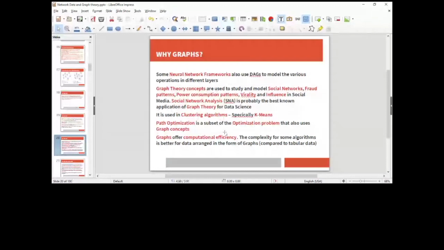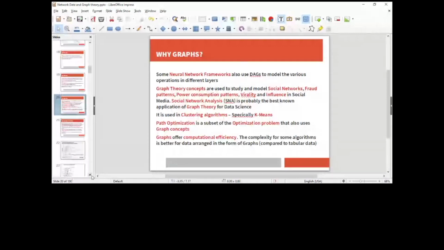They power a lot of machine learning algorithms as well, and offer computational efficiency that we cannot get in tabular data structures.